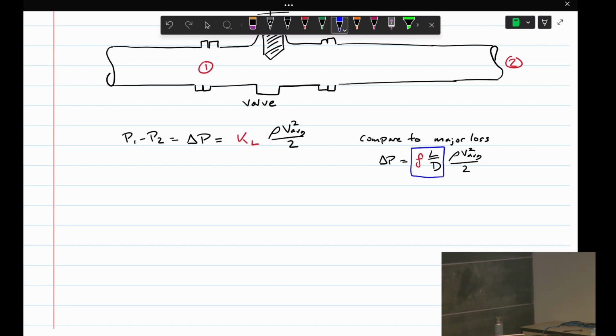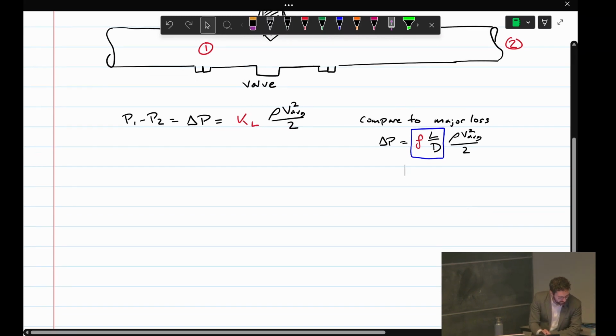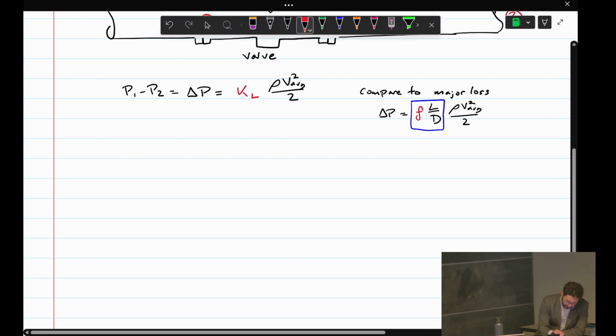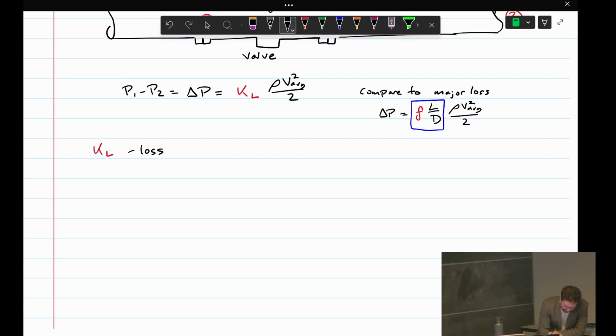So a question you might have is, how do we know what KL is? In practice, KL is going to be provided by manufacturers for your different piping system components. So KL is the loss coefficient.